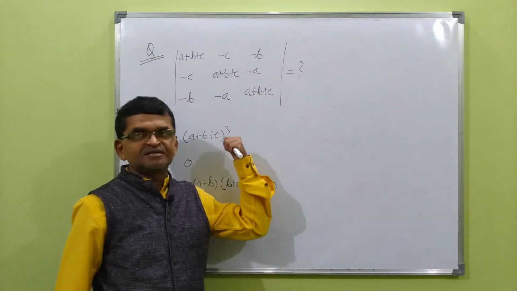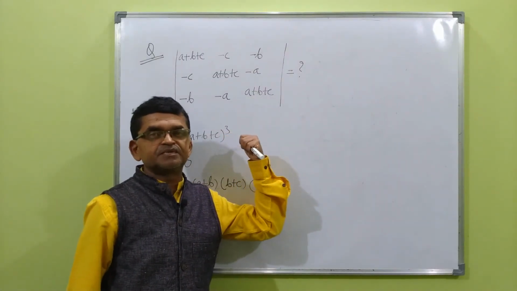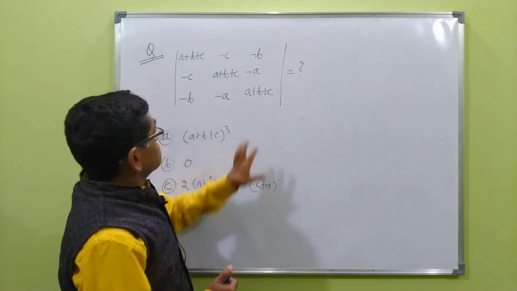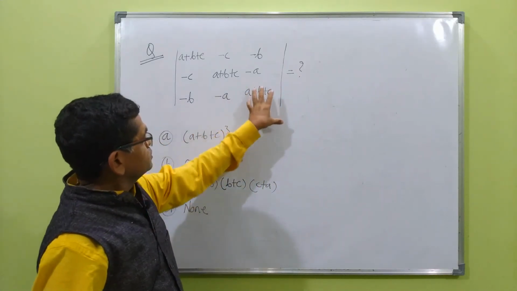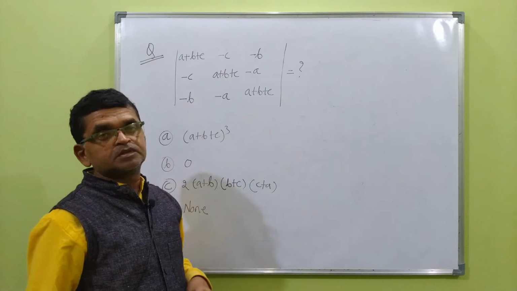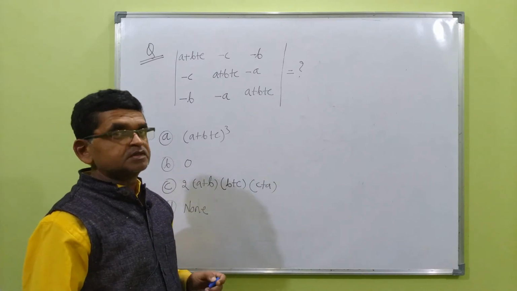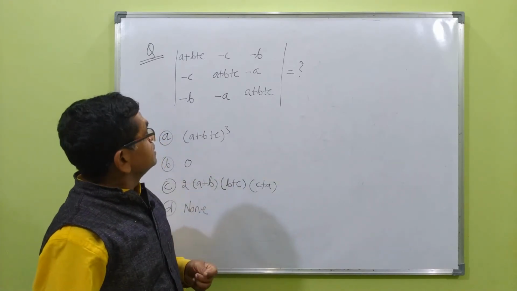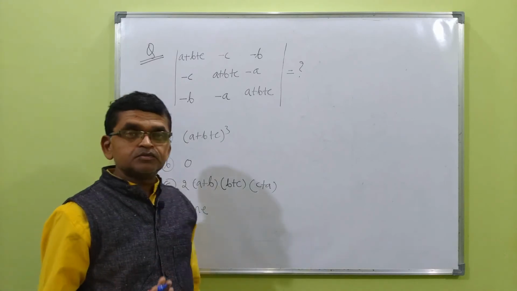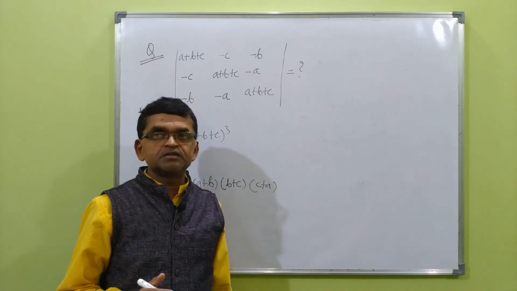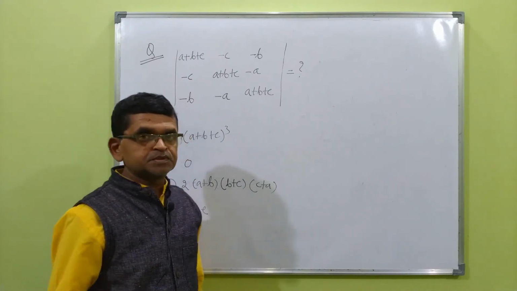See here, this is another example. The given determinant value among the four, you have to identify the correct option. See, here also we have to go for a shortcut method, that is by substitution.